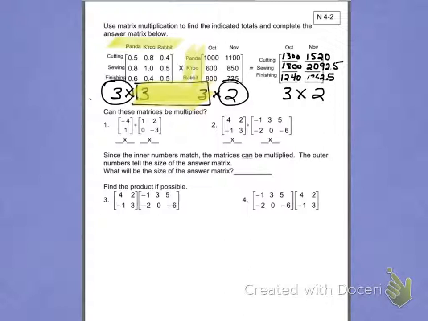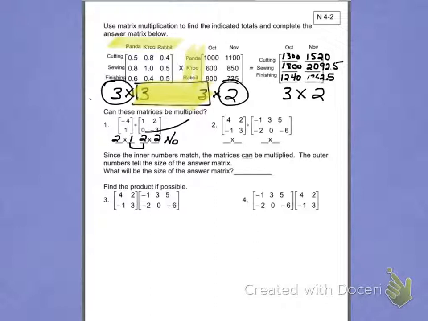Then, if they match, they can be multiplied, and the outer dimensions tell you your answer matrix. So let's look at this question number 1. Can these matrices be multiplied? This first matrix is a 2 by 1, and the second matrix is a 2 by 2. Notice those numbers are not the same, so the answer is no, those cannot be multiplied.